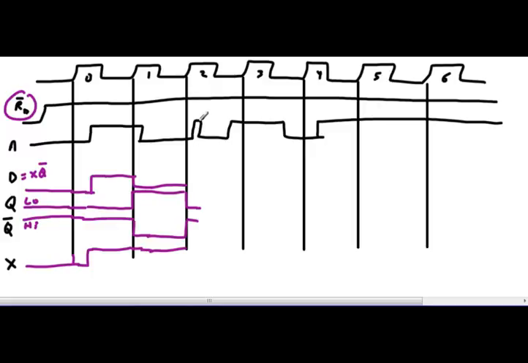A spikes in there, so something happens to X. X goes down, then X goes up, and then X goes down, and then X goes up again. But nothing happens to Q, nothing happens to Q naught. What happens to D?